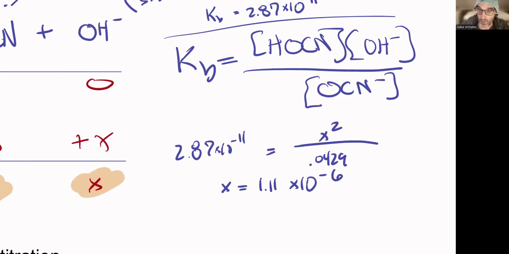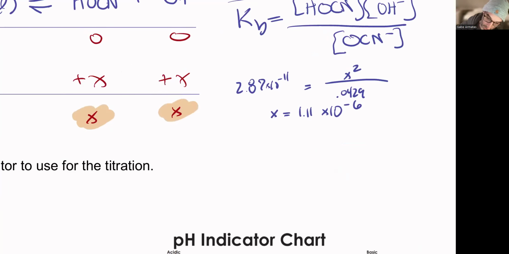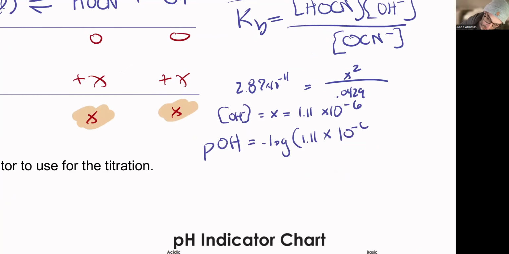And now we have to solve for pH. Well, I know my pOH is equal to the negative log of 1.11 times 10 to the negative 6, because X is equal to the concentration of OH minus. pOH is equal to 5.95.